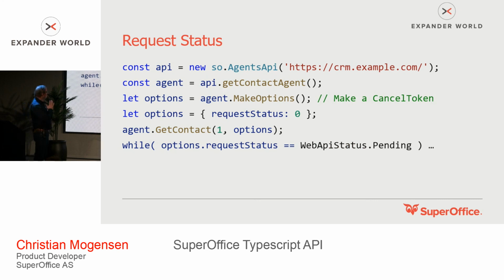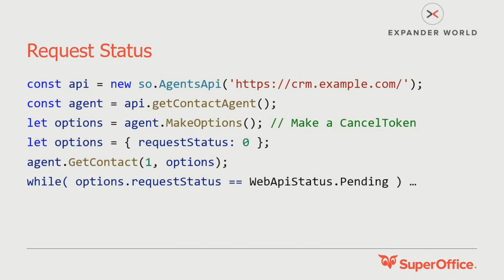And there's another way you can monitor how the request is going. If you have an options object, you can stick a request status property on it, and that will be updated as the request proceeds. So it'll start out as pending, and then once it's complete, it's marked as completed. Or if it's canceled or failed, it'll get a different status for that.